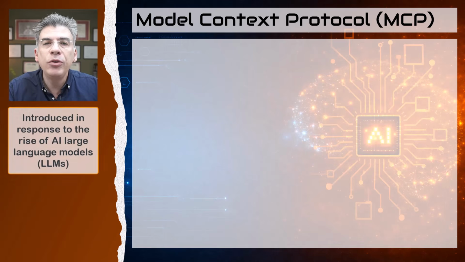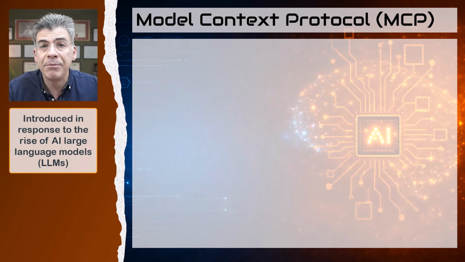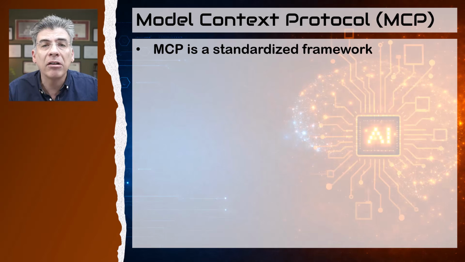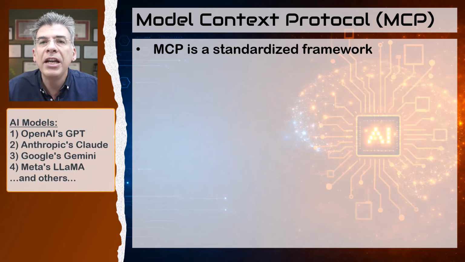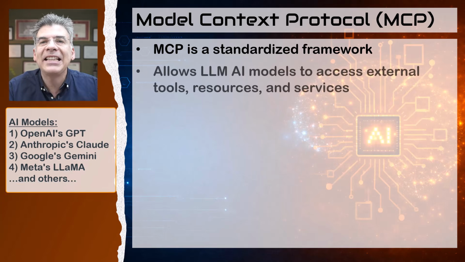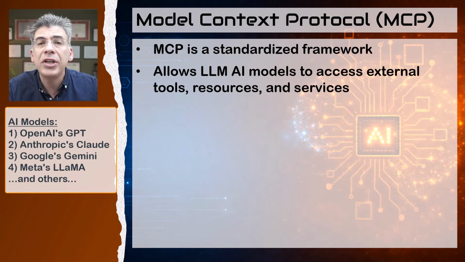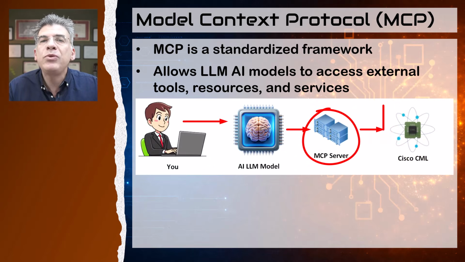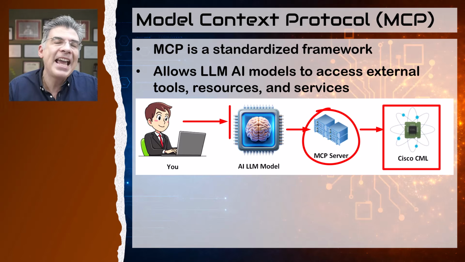It's a relatively new concept that has come as part of the advent of AI large language models, or LLMs. MCP is a standardized protocol that lets AI models like ChatGPT or Claude and a whole series of others securely and consistently access external tools, data sources, and services. In the context of Cisco's CML, MCP essentially sits on a server between the CML system and an AI LLM.